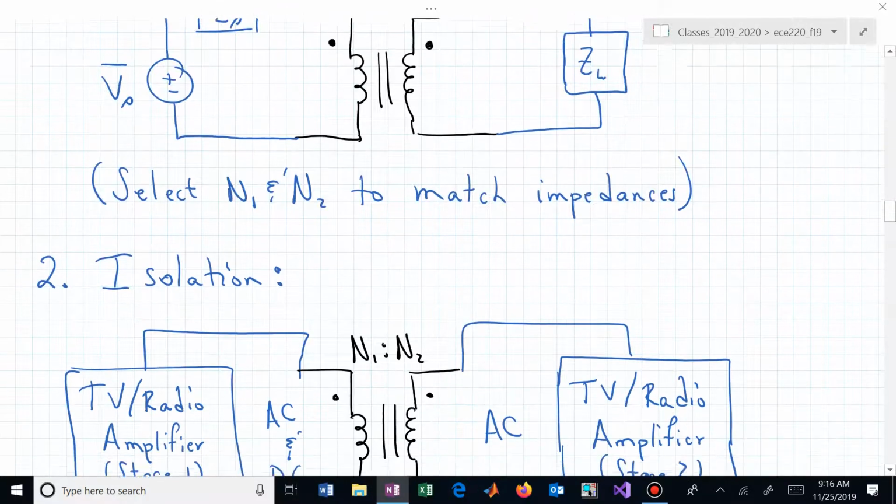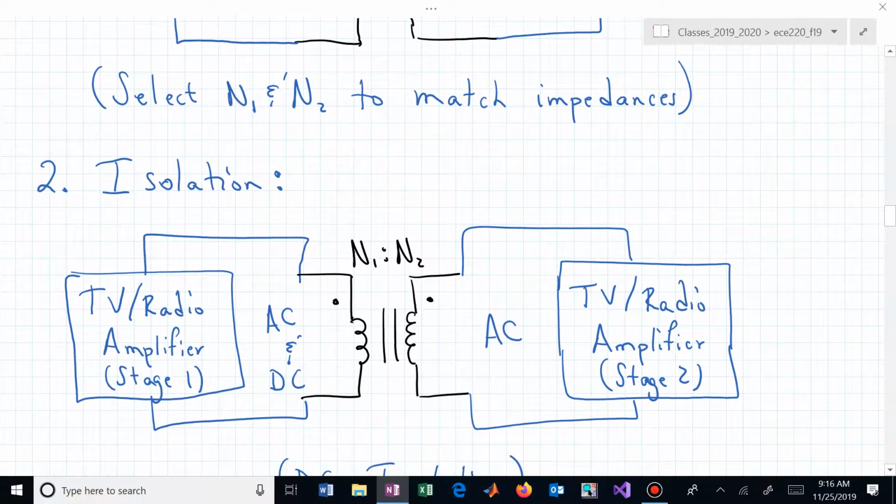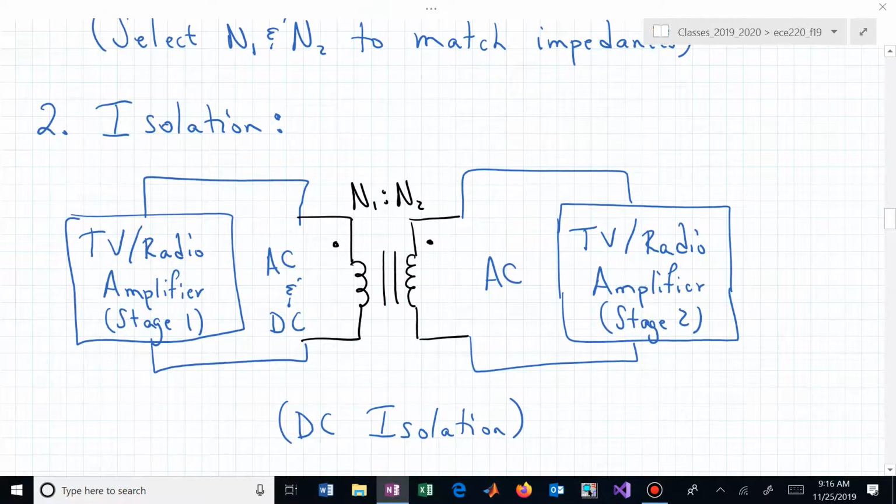A second application, and this actually has multiple, and we'll maybe get into more of those, but here's one relative to isolation. A transformer works because of alternating waveforms. A transformer won't work for DC signals.